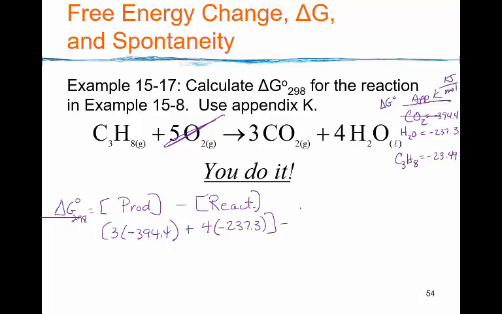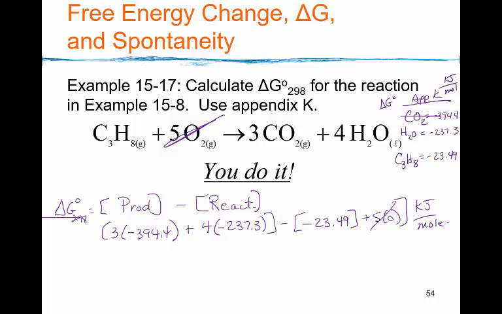And then we're going to say minus 1 times a negative 23.49. Okay, and then it was 5 times 0. So we don't have to worry about that one, right? Okay, and that's all going to be in kilojoules per mole.